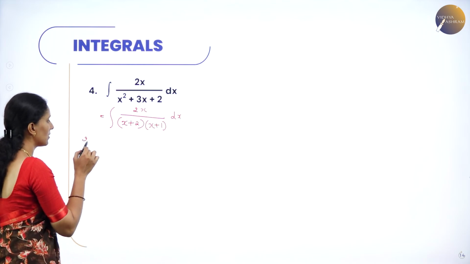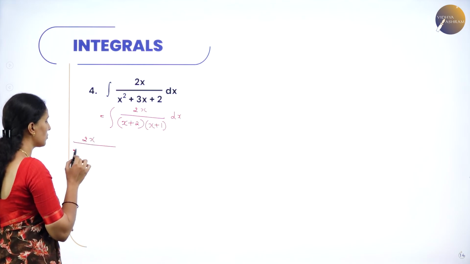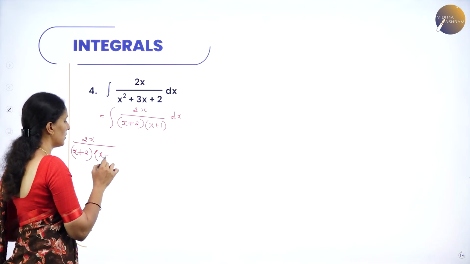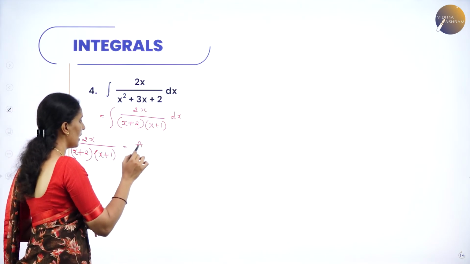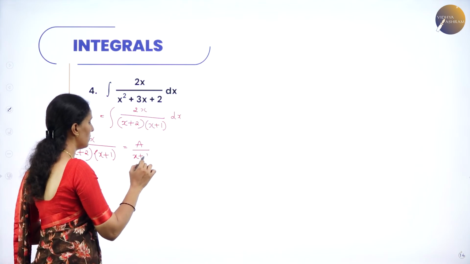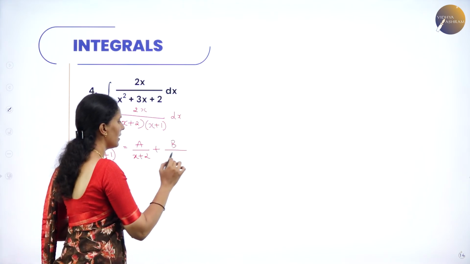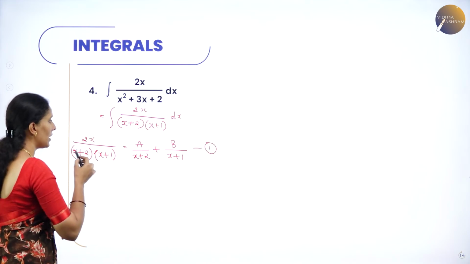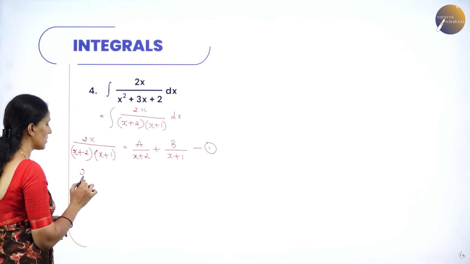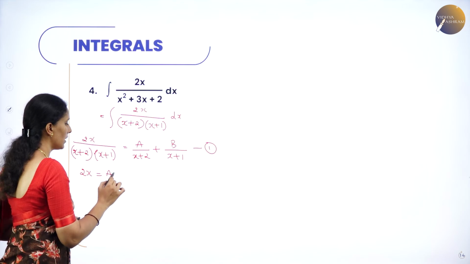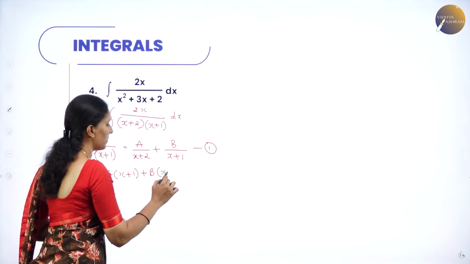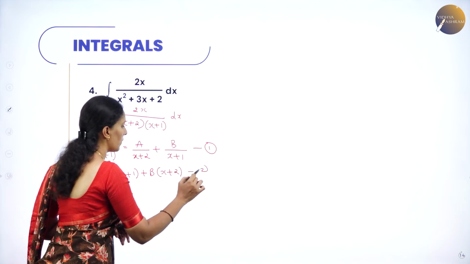Now take this rational function, a proper fraction. So this can be written as a divided by x plus 2 plus b divided by x plus 1. So take it as 1, multiply with the denominator, then 2x is equal to a into (x plus 1) plus b into (x plus 2). Take this as equation 2.